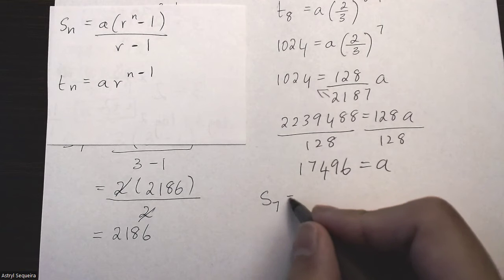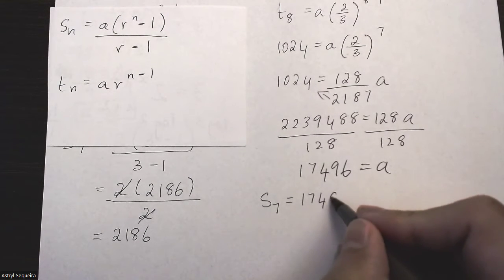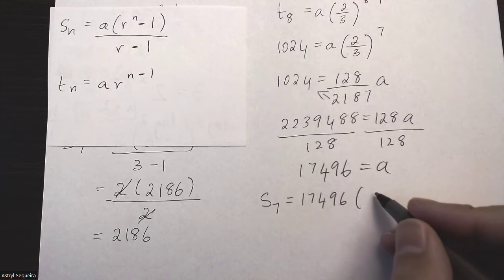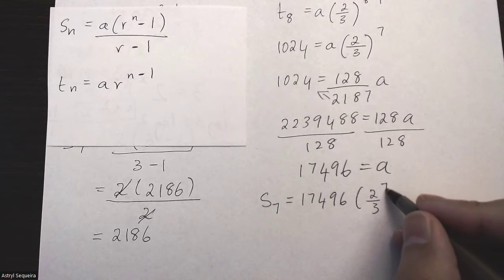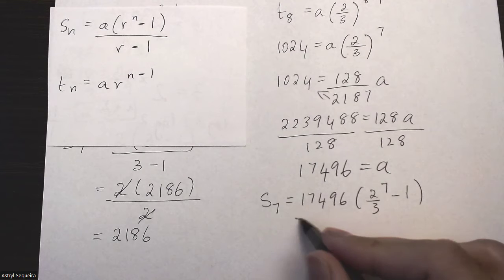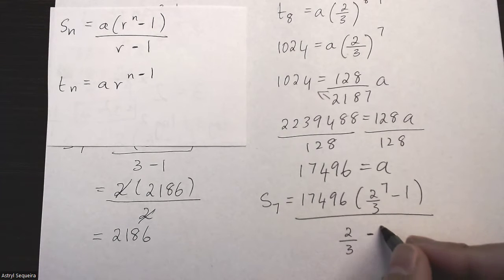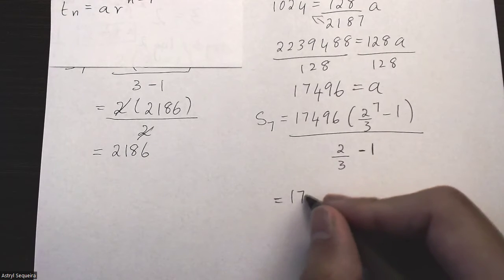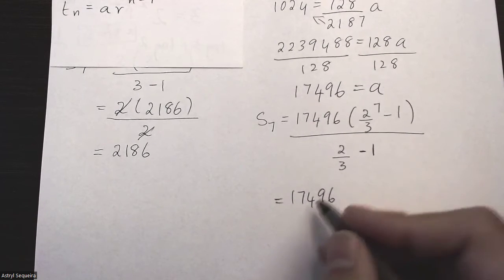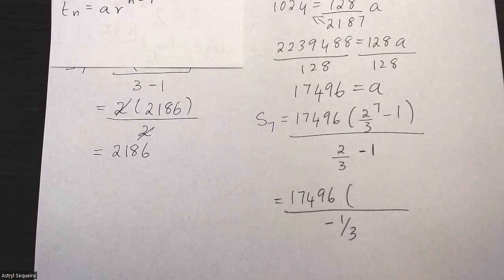So S7 equals to A, which is 17496, 2 over 3 to the power of 7 minus 1 divided by 2 over 3 minus 1. And I'll rely on my calculator to do this calculation. Now the bottom is negative 1 over 3, but I'll do this in my calculator.